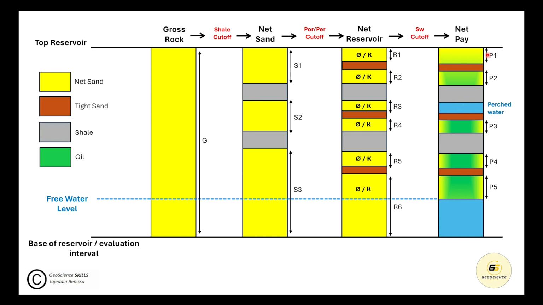So now we have 5 net reservoir intervals with good storage or flow capacity from P1 to P5.